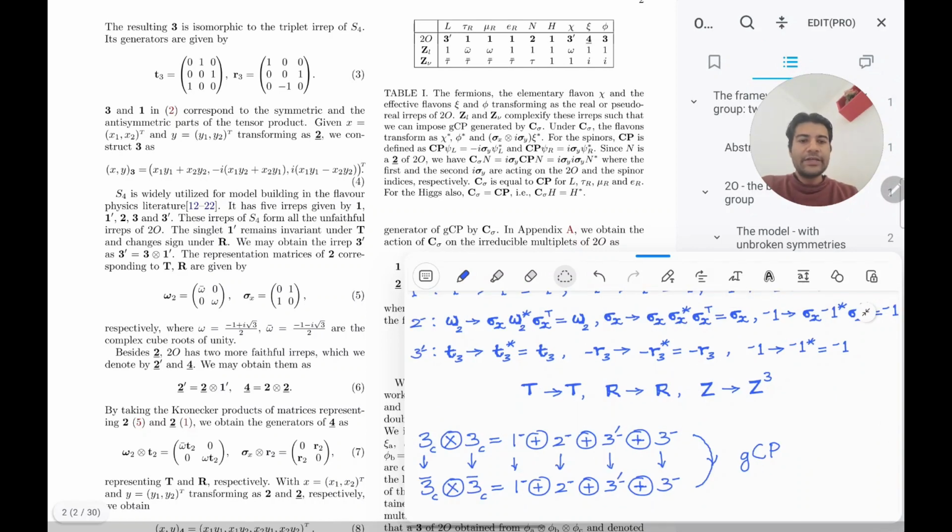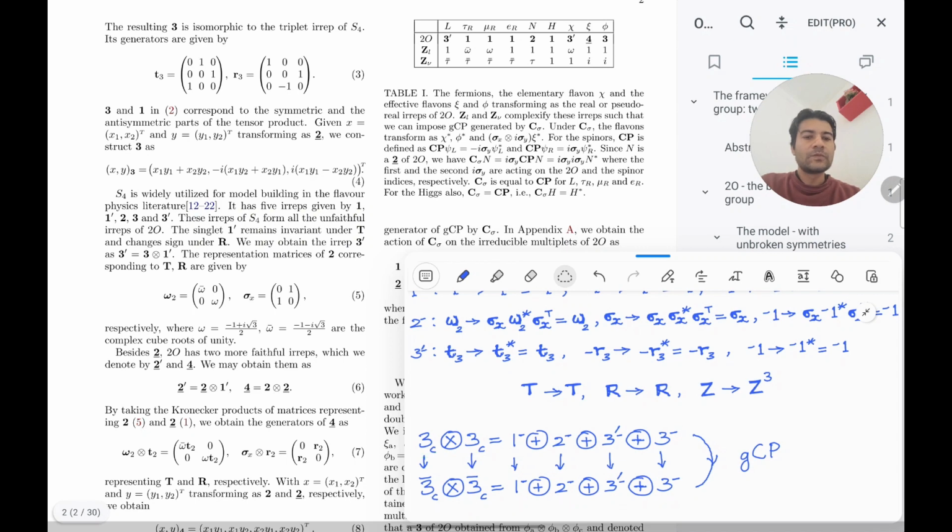Finally, here I show you the action of GCP on the tensor product. So the first equation is the tensor product of the complex representation 3Z with itself. So we get all these 1, 2, 3 prime and 3. On the other hand, when we take the conjugated representations, again the objects in the right hand side are exactly what we obtained earlier. So it looks like both of them are the same.